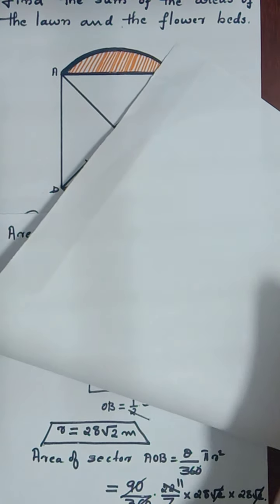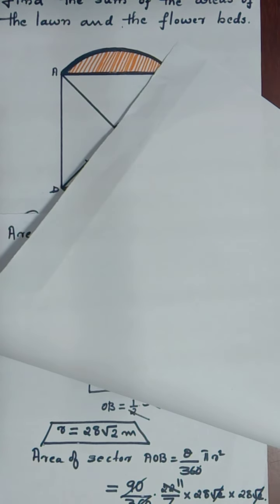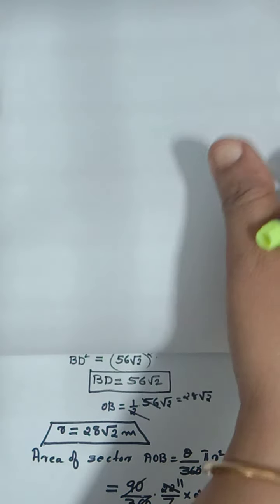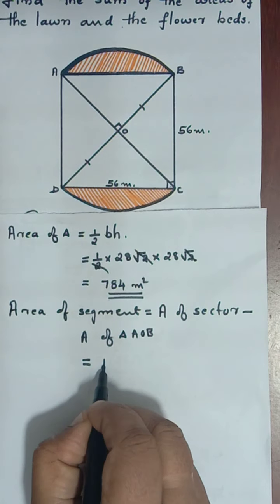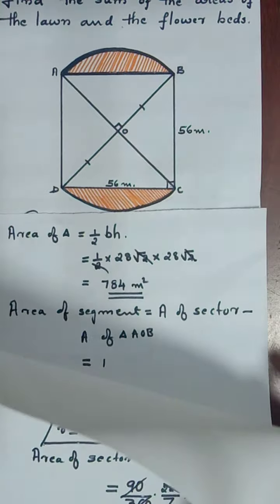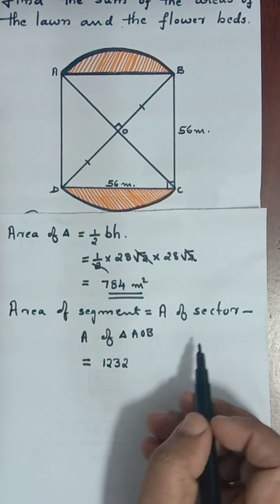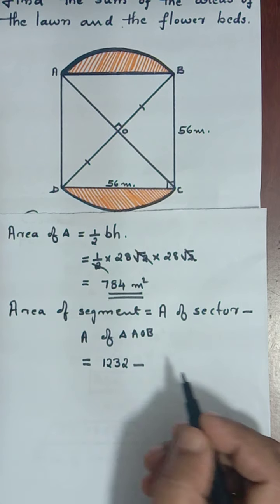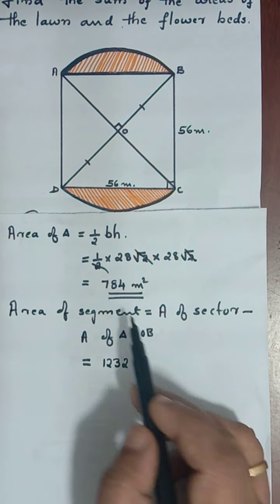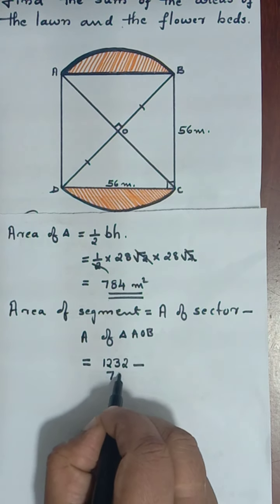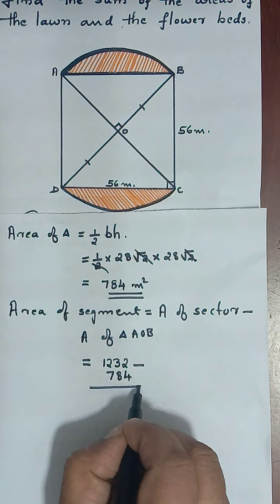The value is 1232 meters square, minus the area of the triangle, which is given as 784. Do the subtraction.